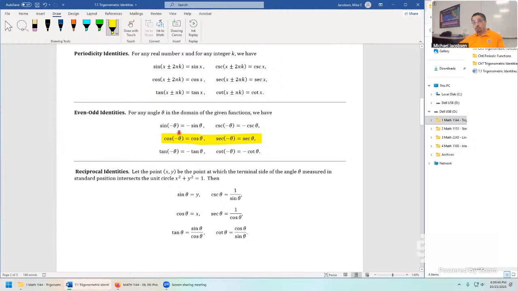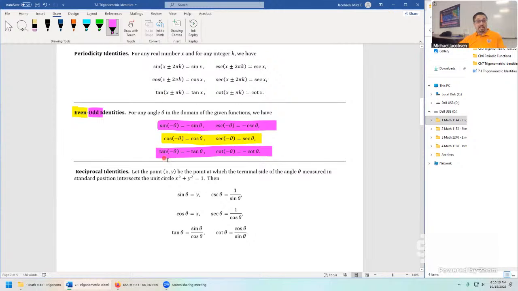Cosine of negative theta, you just essentially delete the negative sign and get cosine theta, same as secant. But for all of the other trig functions, a negative here gives you a negative on the outside because the rest of them are odd functions. So the even one is cosine. The odd ones are everything else.